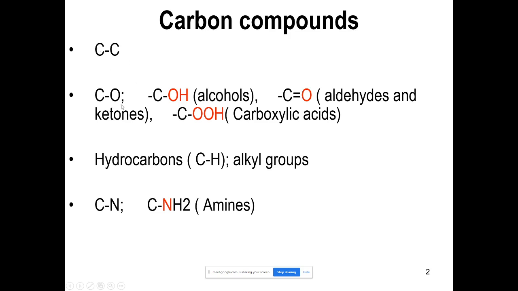Carbon can link up with oxygen, and you can form a diversity of compounds, such as the alcohols, aldehydes and ketones, and carboxylic acids. Carbon can link up with hydrogen, forming what we call the hydrocarbons. Carbon can link up with nitrogen, forming what we call the what?